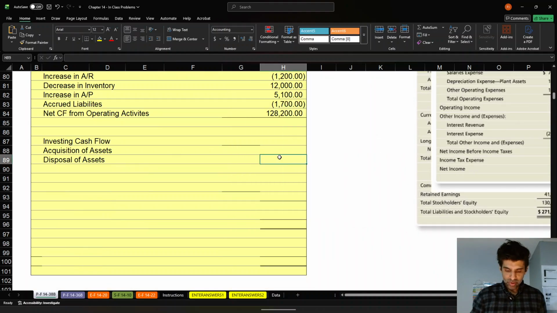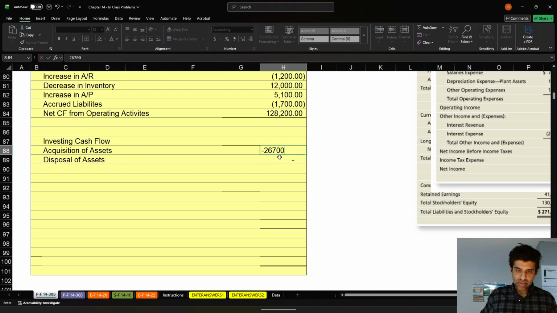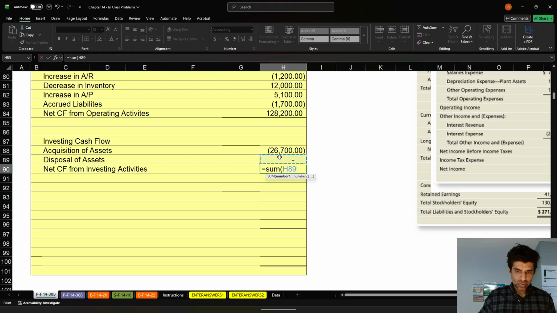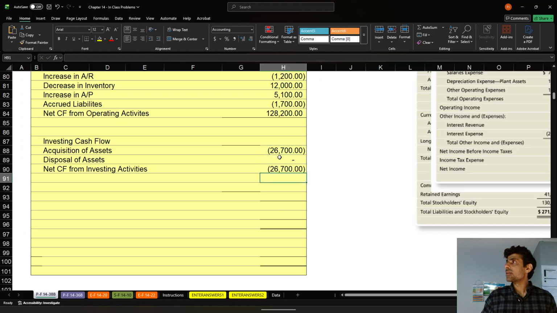Disposal, $0 came in, but 26,700 went out in acquisitions. So our total net cash flow from investing activities is just equal to this. Okay.